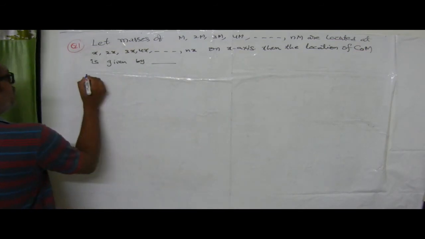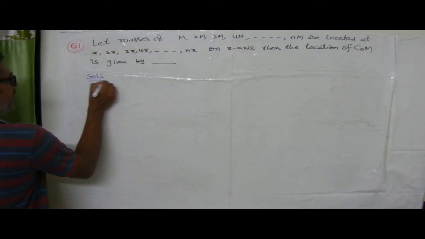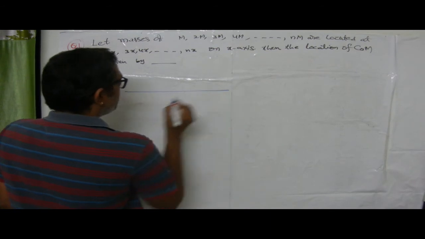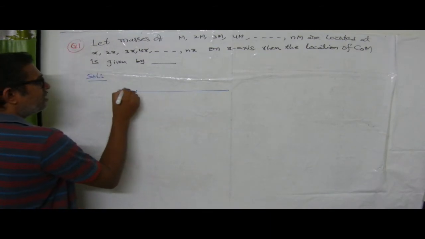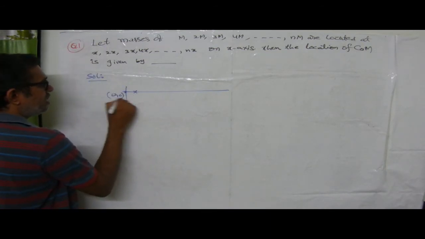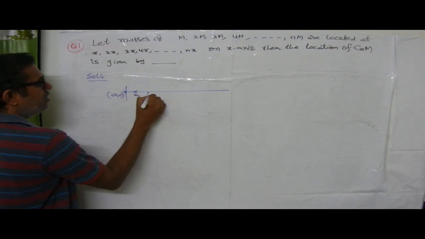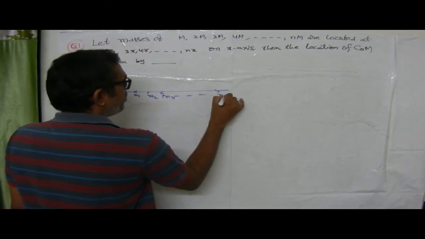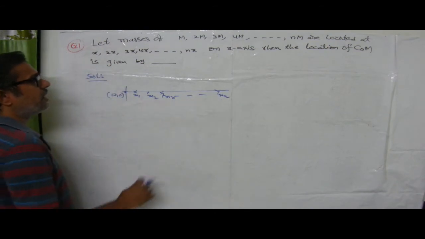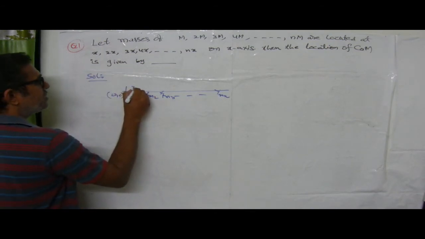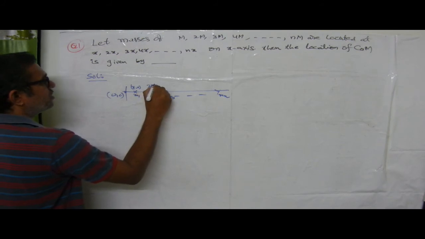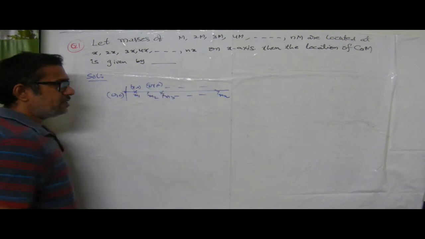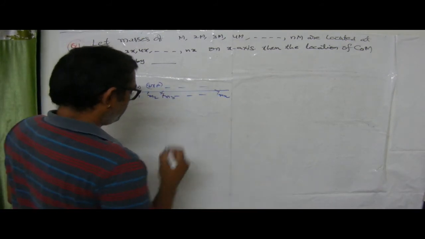Let us see. Let us consider this is the coordinate axis and this is (0, 0). First mass m1, second mass m2, m3, up to mn. All masses are located at distances of (x, 0), and next one is (2x, 0). Like this the positions are given.